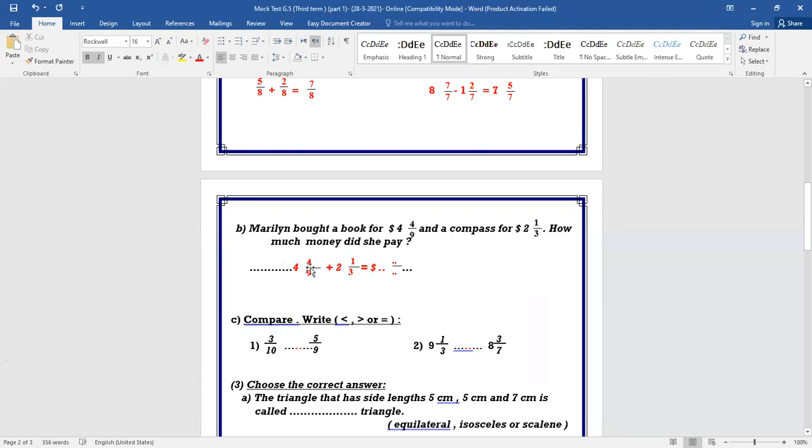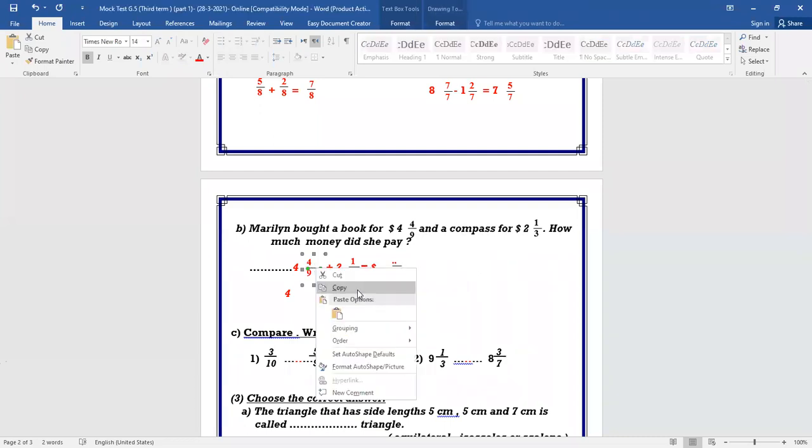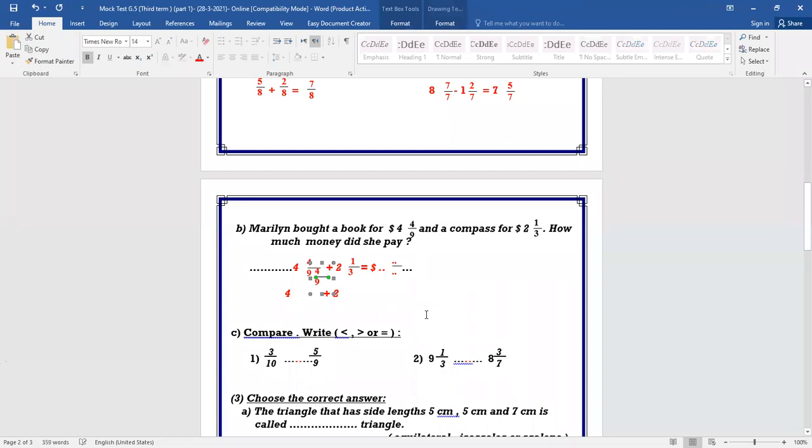Firstly we must make a common denominator. 9 is divisible by 3. Yes, excellent. So we use 9 as a common denominator.